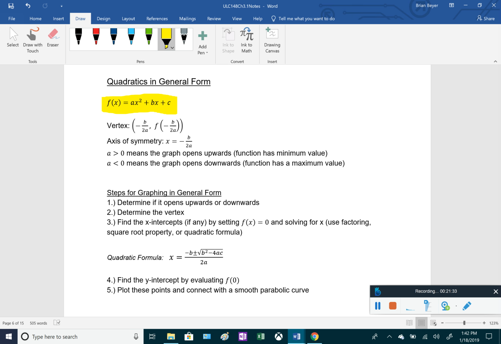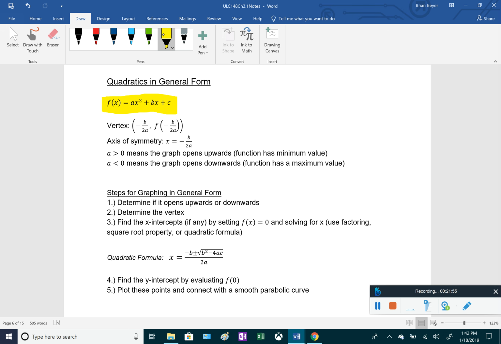The vertex, when it's in general form, we actually have to calculate it. The x-coordinate is going to be negative b over 2a. So we have to use the b value, use the a value, and calculate the x-coordinate for the vertex. Once we find that value, to find the y-coordinate, we just plug that x-coordinate back into the function.